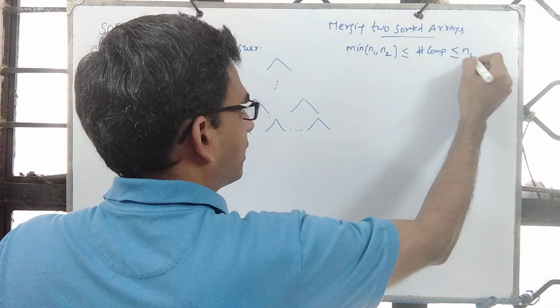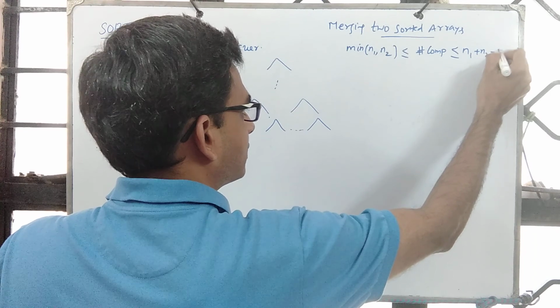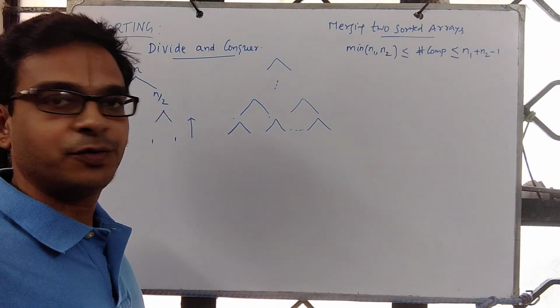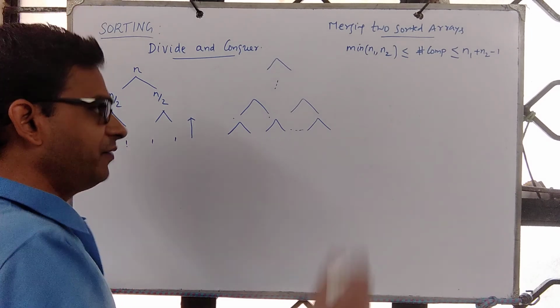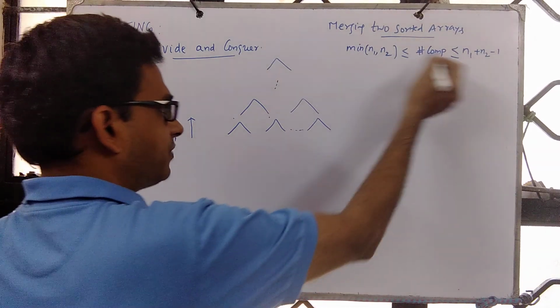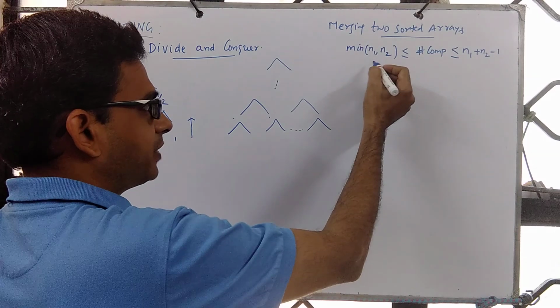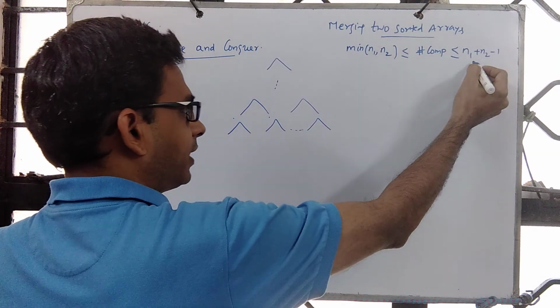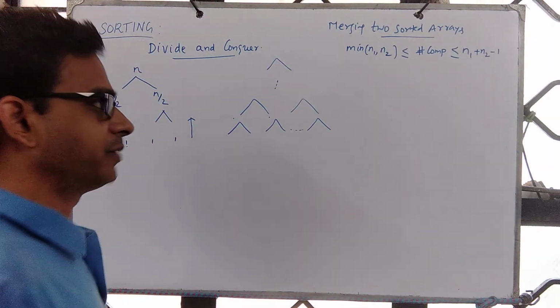We saw that it was between n1 plus min of n1 comma n2 to n1 plus n2 minus 1. And we also saw that these bounds were tight. We saw a couple of examples for which it is precisely min of n1 comma n2 and it is n1 plus n2 minus 1 as well.